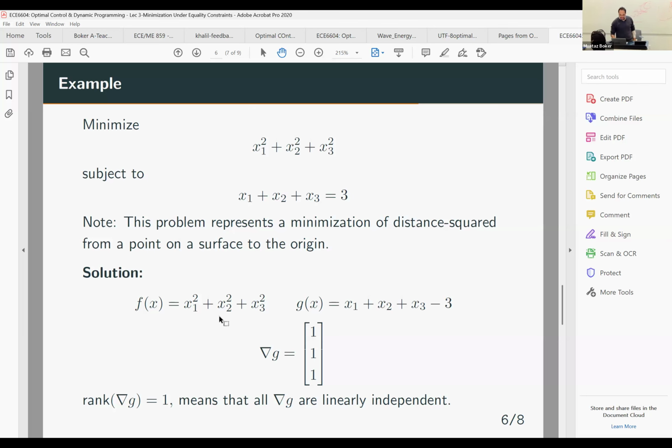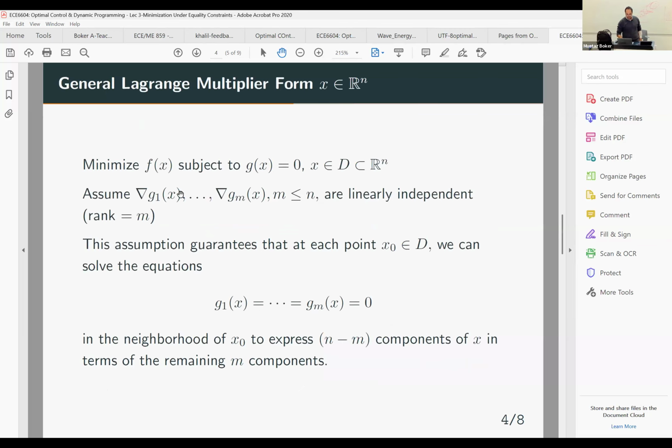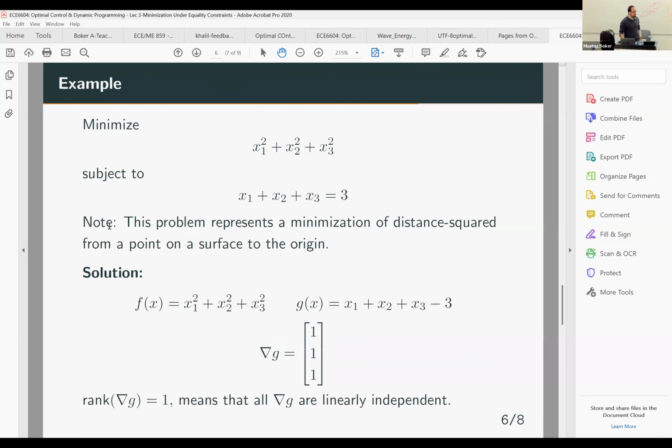We go back to the general case here, right? In the general case, this condition is not going to be needed in this case because I only have one constraint. So with one constraint, this is redundant. But anyway, I'm going to show it to you just so you know, all right?